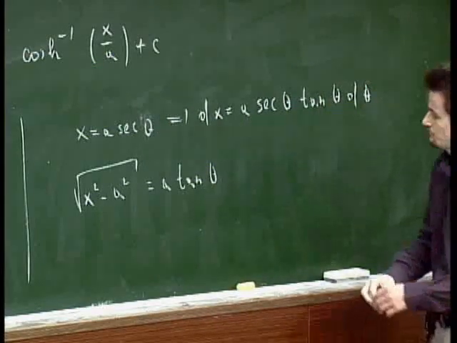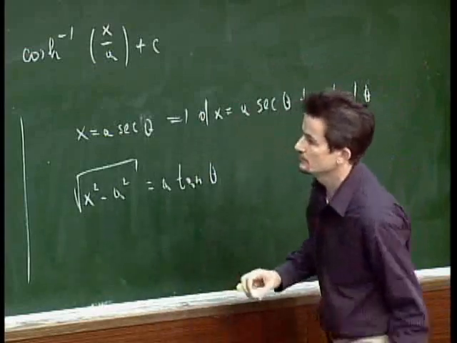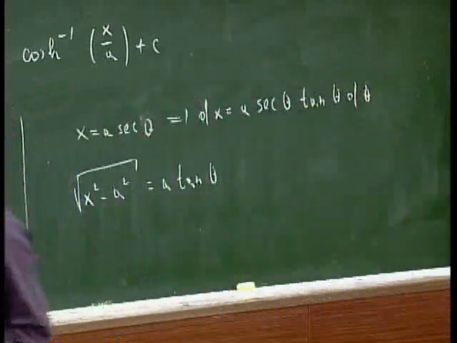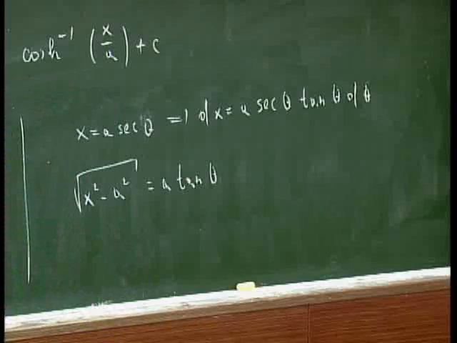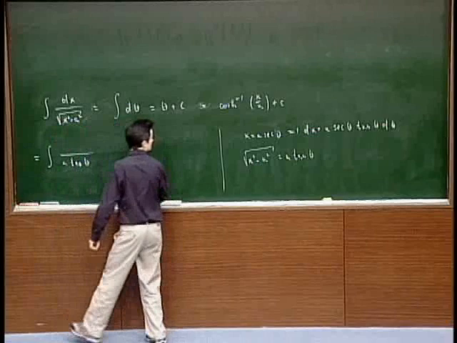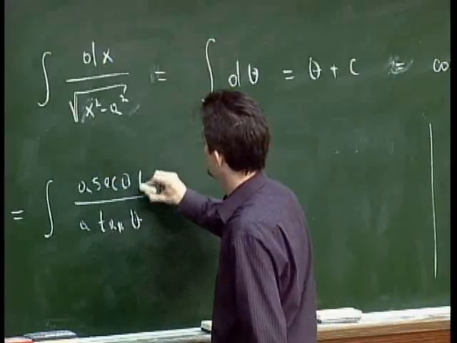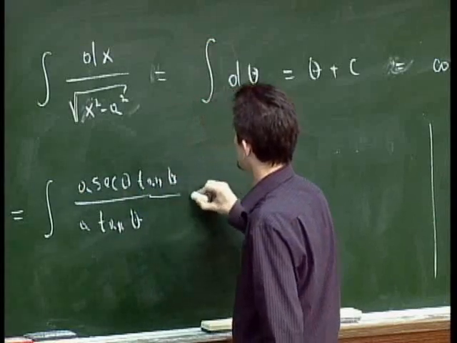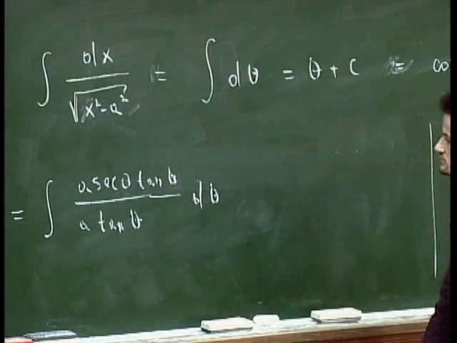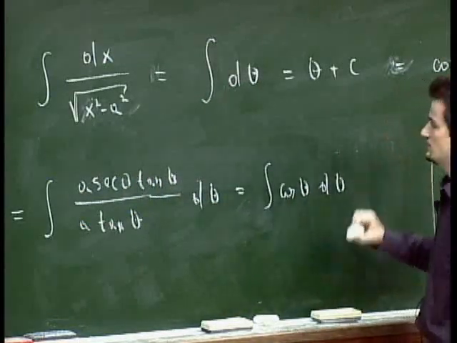So the integral becomes the integral of a times secant theta tangent theta over a times tangent theta d theta. Also not a very complicated integral. This is the integral of secant theta d theta.